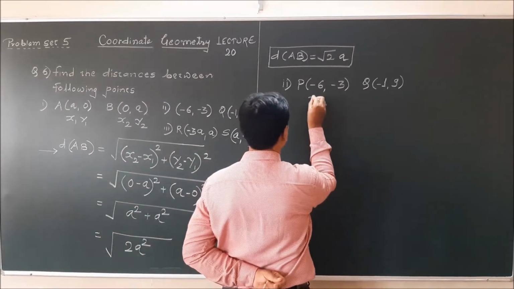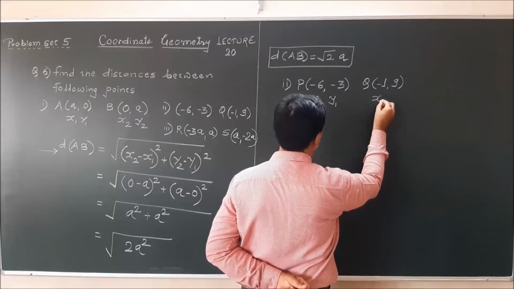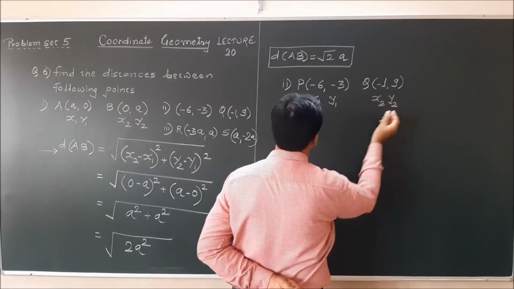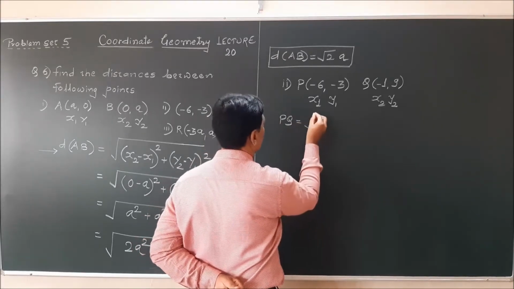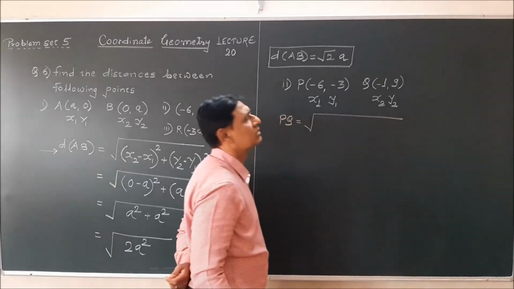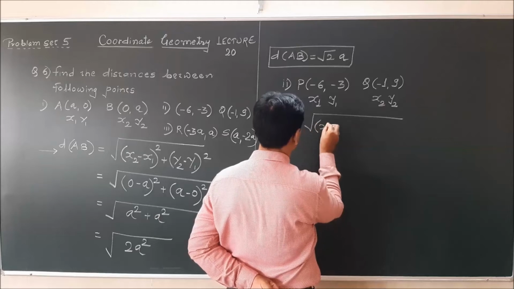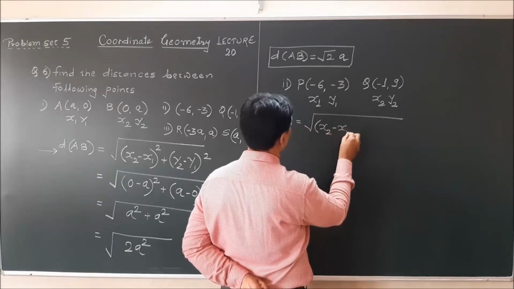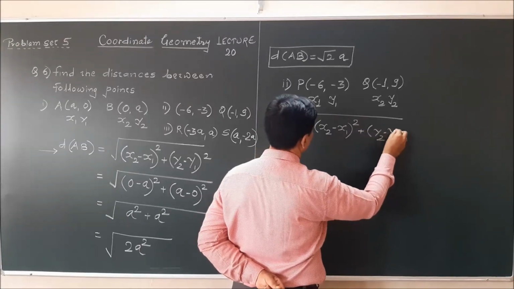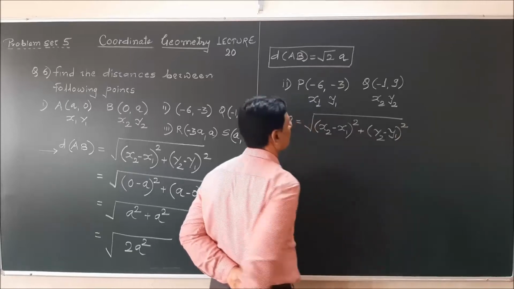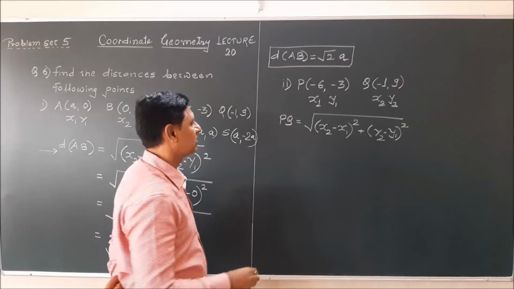So here labeling the coordinates of P as x1, y1 and coordinates of Q as x2, y2. So PQ, by distance formula, is equal to square root of (x2 minus x1) the whole square plus (y2 minus y1) the whole square.